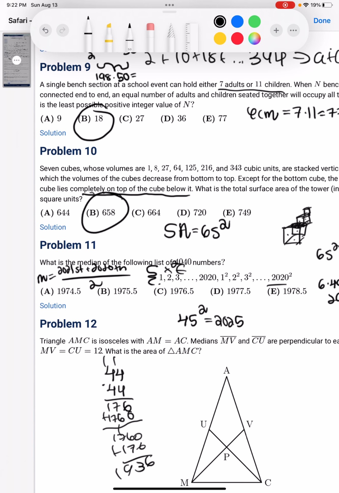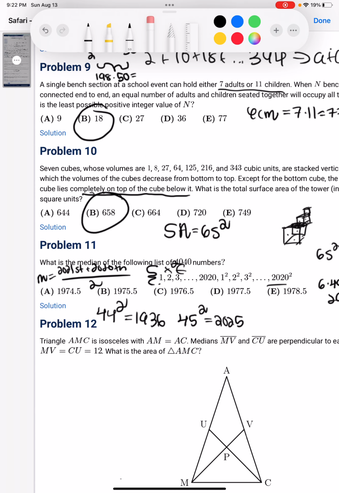So 44 squared is 1936. It's pretty important. So we know that we basically traverse 44 squares in this set, let's call it set alpha.